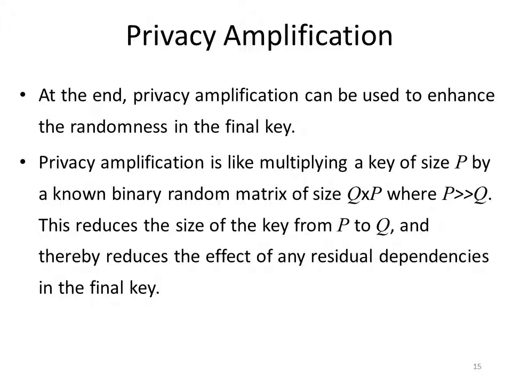After the key is exchanged, there is a mechanism called privacy amplification, which is used in quantum key generation and in information theoretic approaches to generating a key based on common randomness.